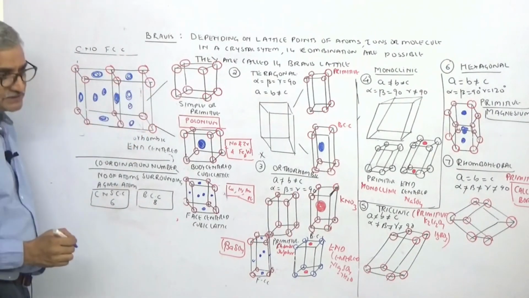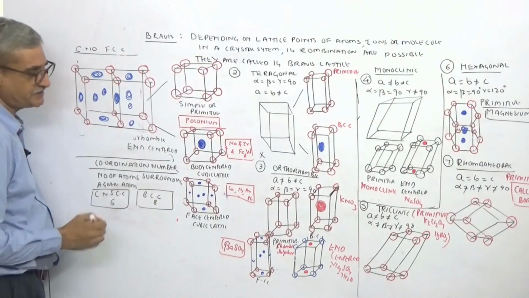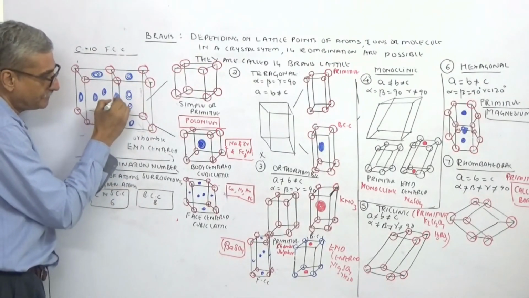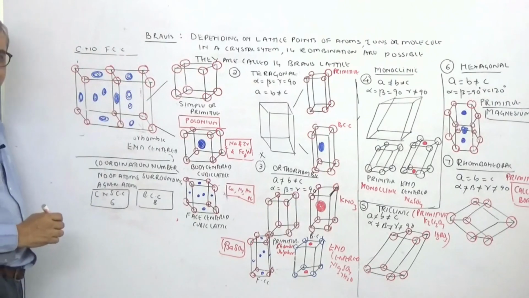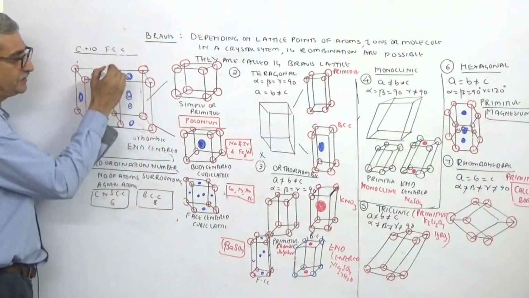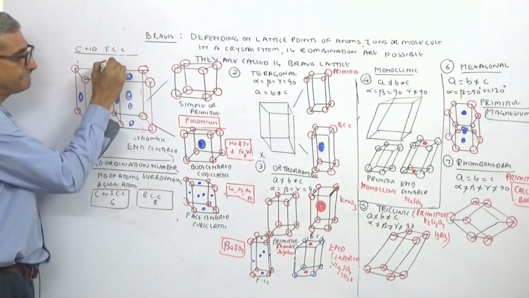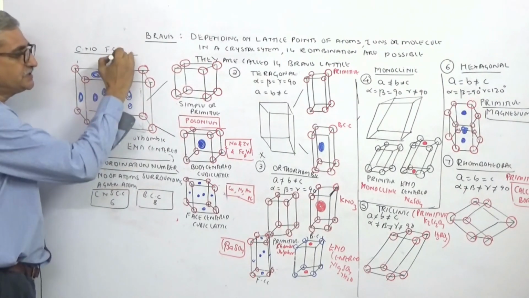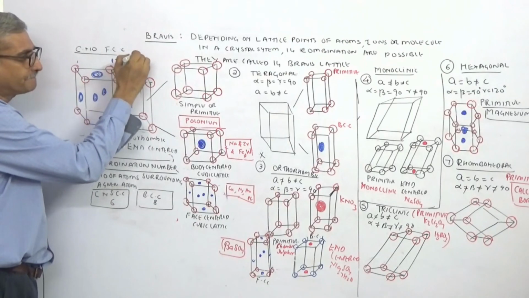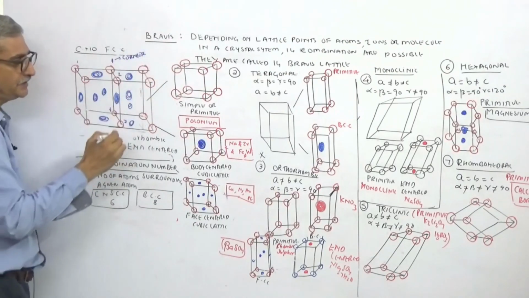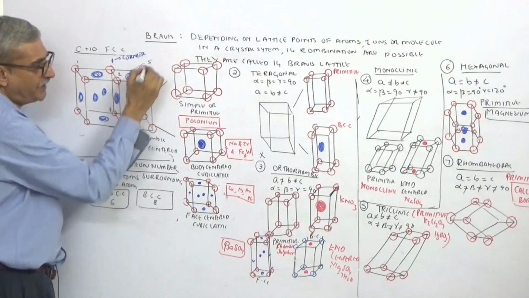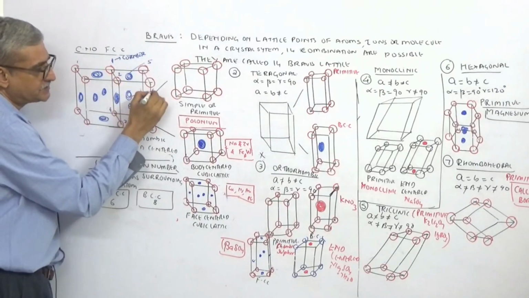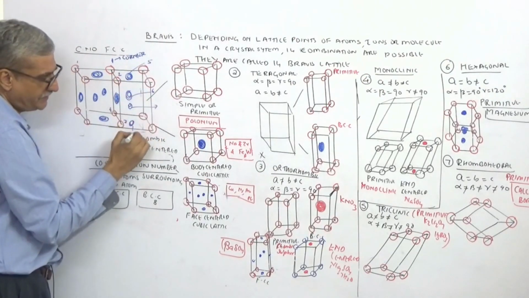सो नाउ ट्राई टू अंडरस्टैंड द एटम विच इज अंडर रेफरेंस इज दिस. इसको कितना नेबर है? व्हाट इज द कोऑर्डिनेशन नंबर? 1, 2, 3, 4. दिस इज कॉर्नर. देन वी हैव 5, 6, 7, 8.